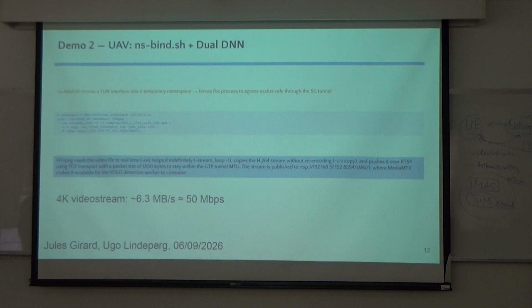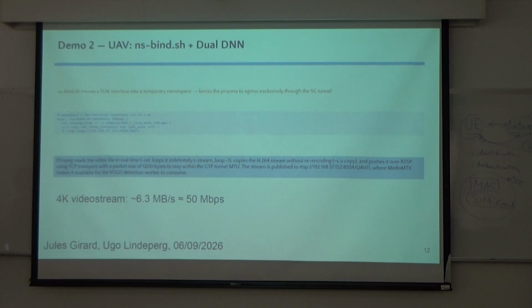So we bind each UAV to one kernel namespace with only one default gateway, so the traffic has only one way to go to the server and use the correct tunnel.